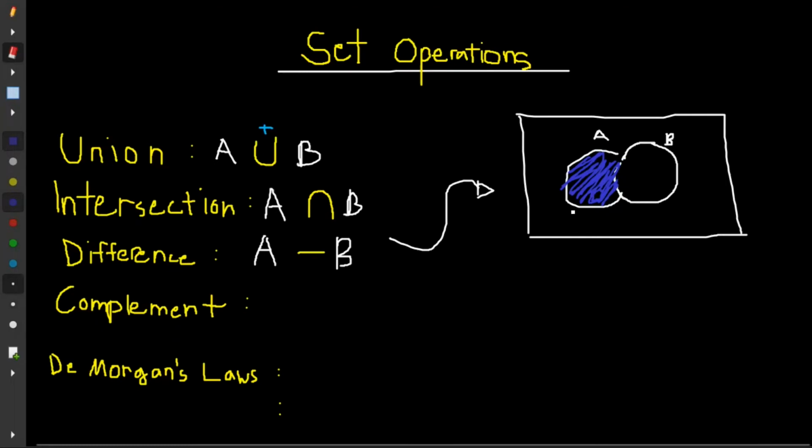So this one is the representation of A minus B.